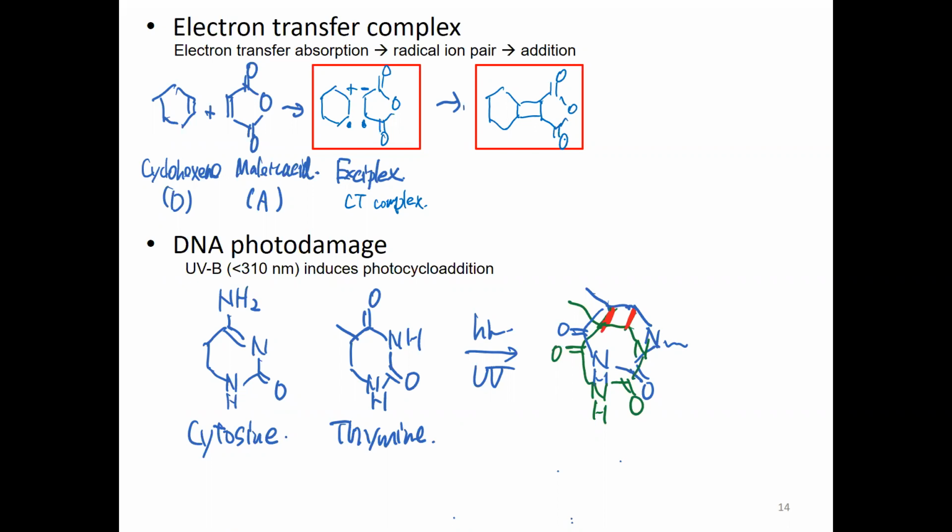As you know, DNA is damaged by UV light if it is exposed for a long time, so there are some photochemical reactions in the DNA due to UV light. That's why we cover UV protection. Here is one of the well-known reactions in the UVB region, the photocycloaddition.